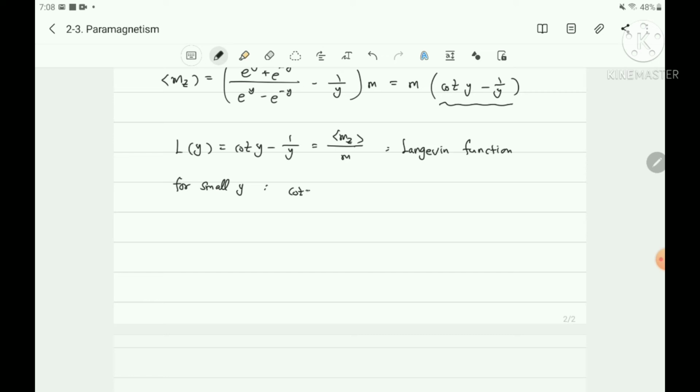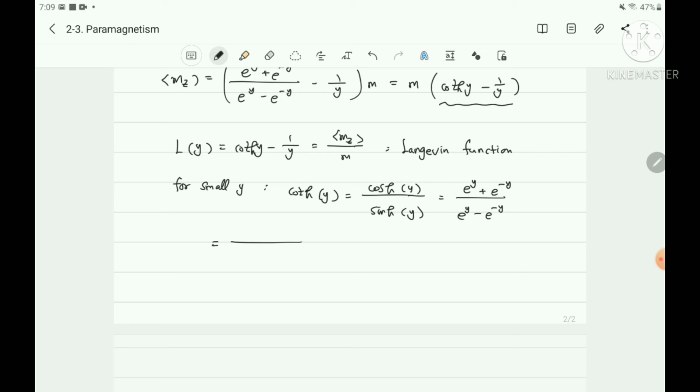For small y, the hyperbolic cotangent y is cosine hyperbolic y over sine hyperbolic y, and also it is exponential y plus exponential minus y over exponential y minus exponential minus y.